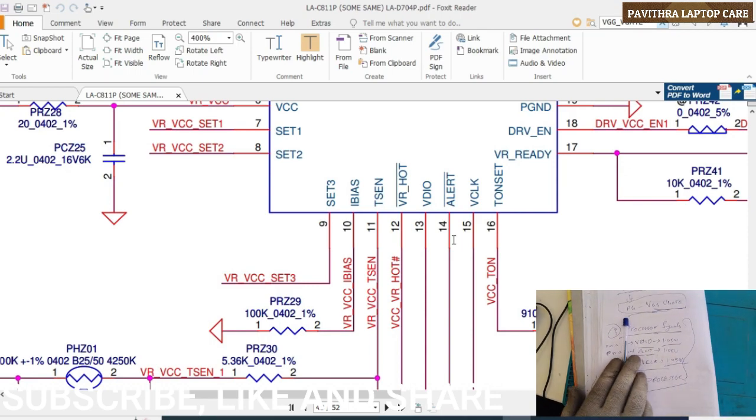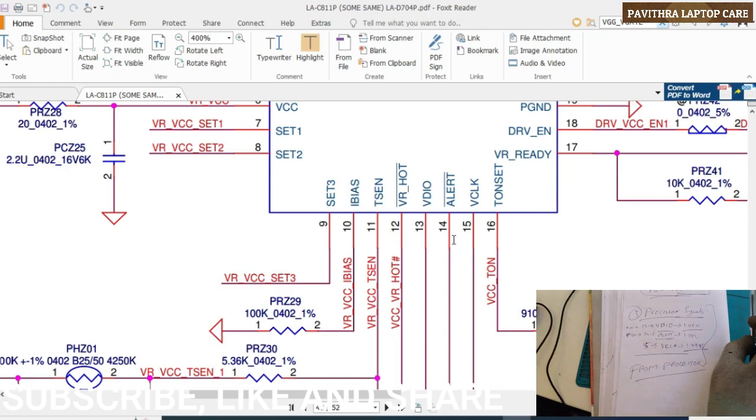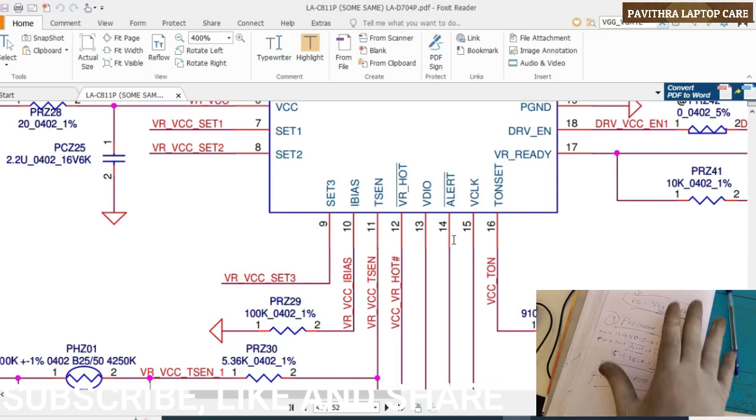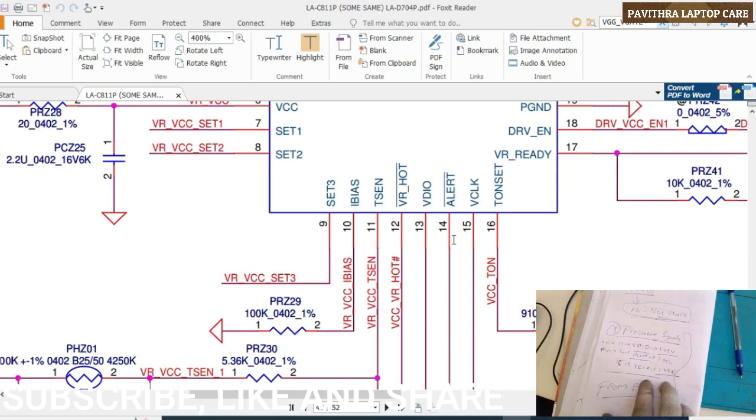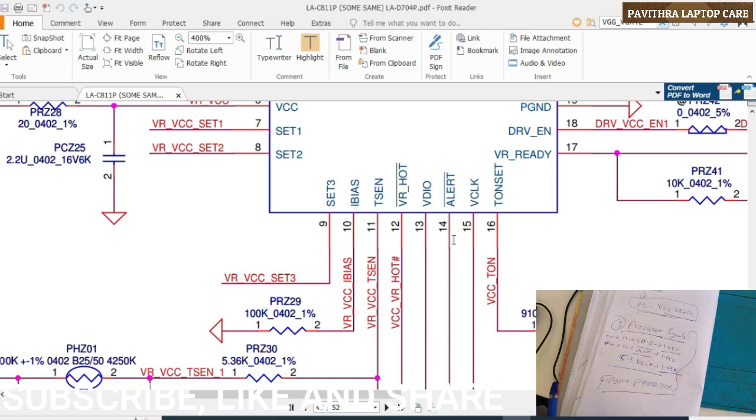Okay, this is from processor. These 3 important points: if the core IC gets these 3 points, then it starts working. Then it produces high gate voltage, low gate voltage, and phase, everything it will generate.